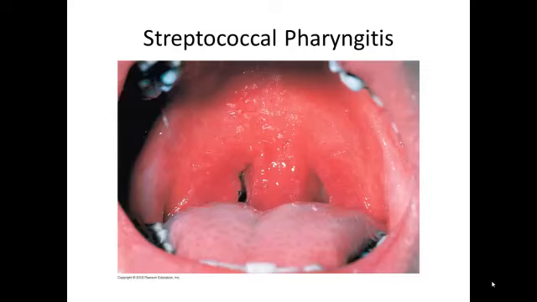We talked about that in a previous chapter. From there, if the proteins on your heart look similar to the M protein on the streptococcus, your immune system can attack your heart, causing rheumatic fever. So we treat streptococcal pharyngitis with antibiotics to decrease spread and to limit complications.